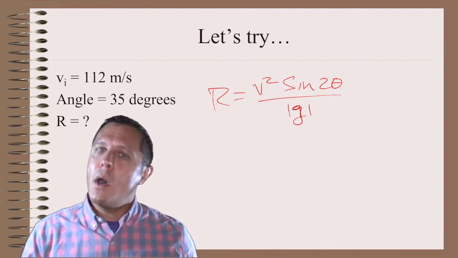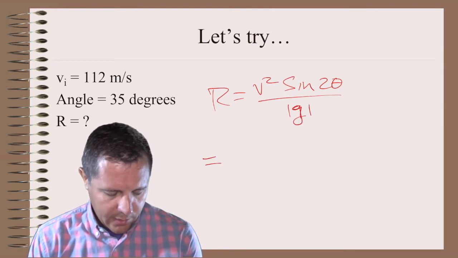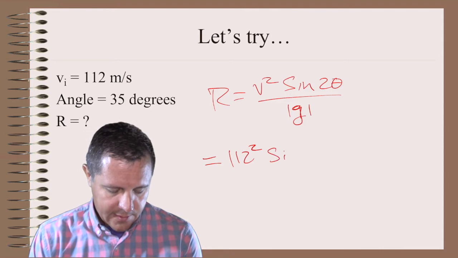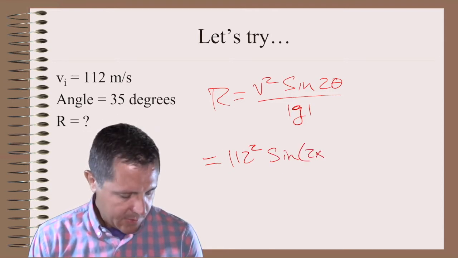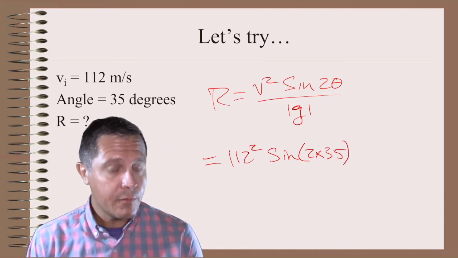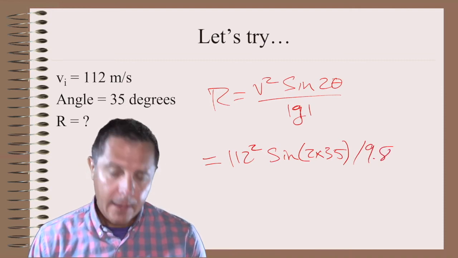That's not sine of 20. That's sine of 2 times the angle. So if I want to make it look the way it would look in a calculator, I would say 112 squared sine, and a parenthesis would open up, 2 times 35, close my parentheses, don't forget to do that, divided by 9.8.